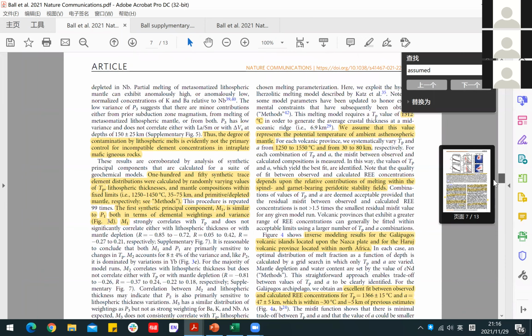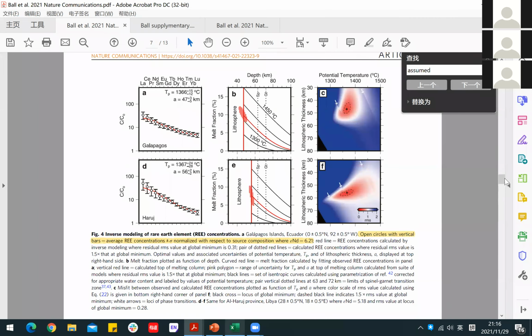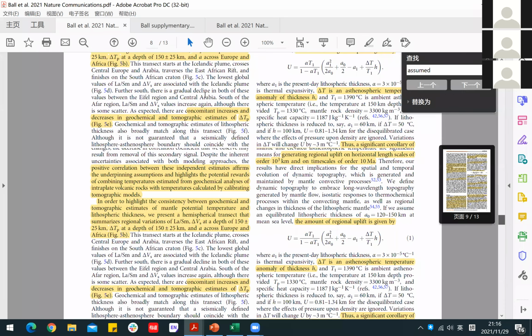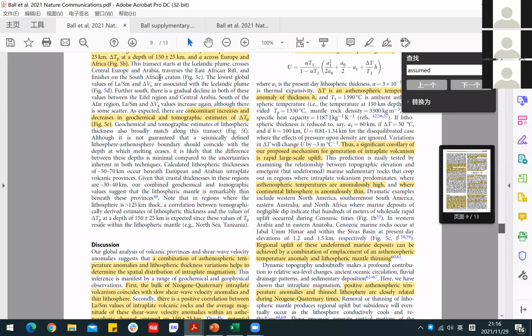Maybe they only assumed it's coming from sublithospheric depths. No, I don't think so. I think they can get the depths from this model, right?